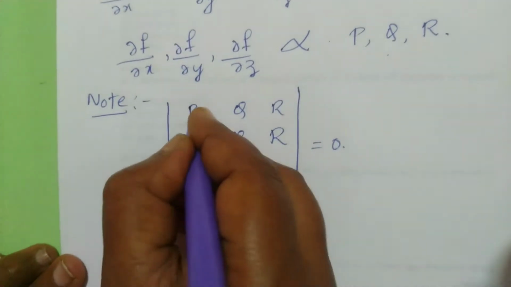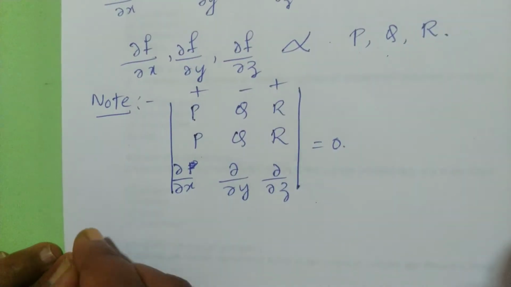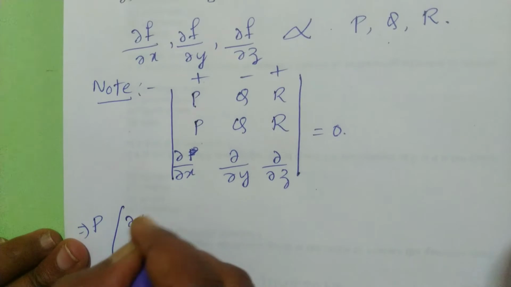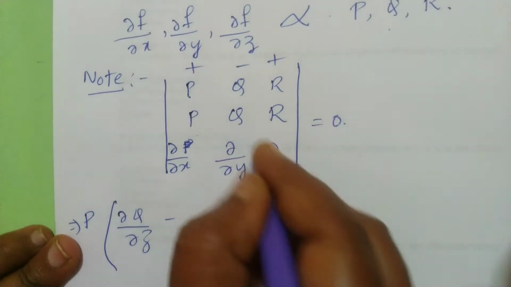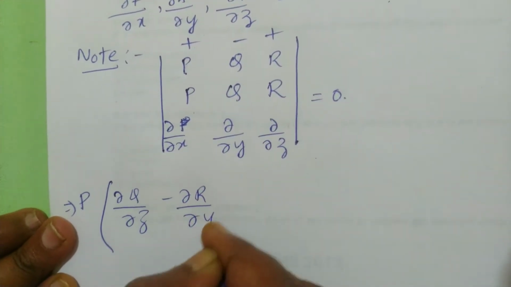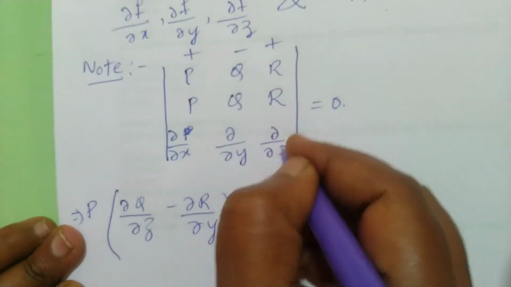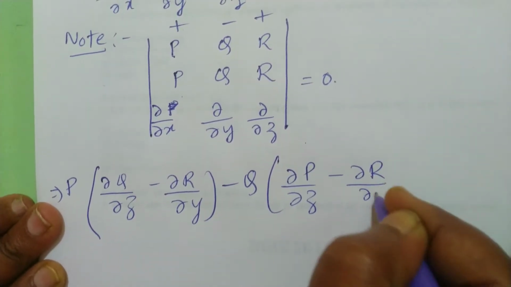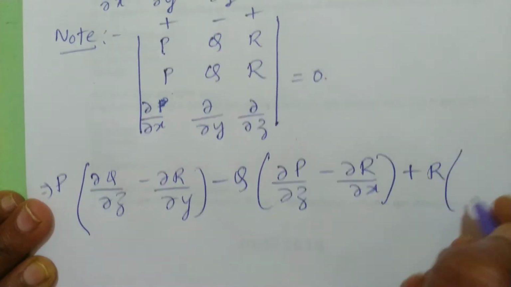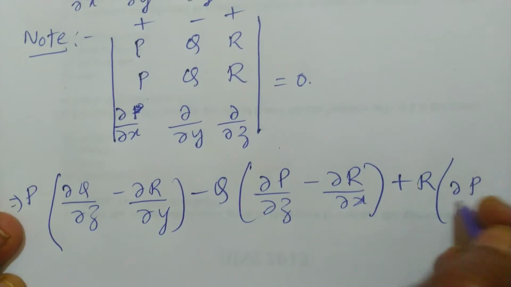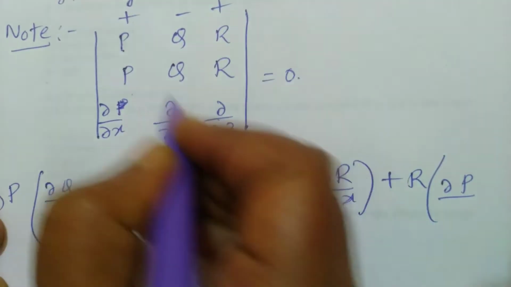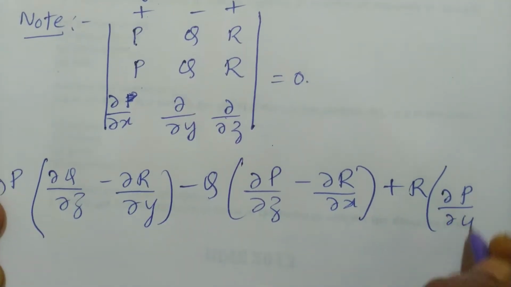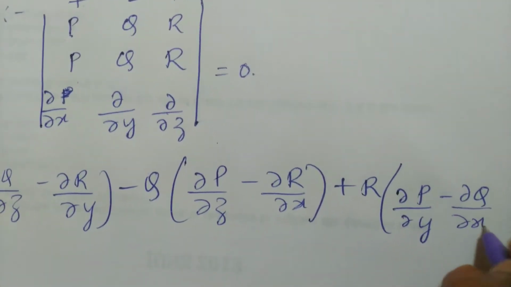We get back our integrability condition: P into (dou q by dou z minus dou r by dou y), minus q into (dou p by dou z minus dou r by dou x), plus r into (dou p by dou y minus dou q by dou x), is equal to 0.